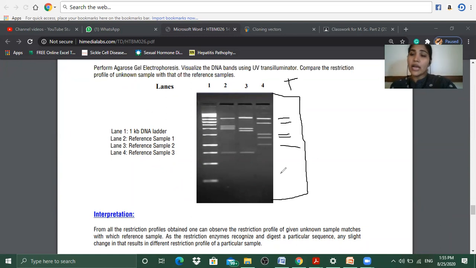Then you can match the fingerprints of your test sample with your reference samples by counting the molecular weight of the DNA fragments that you have achieved.